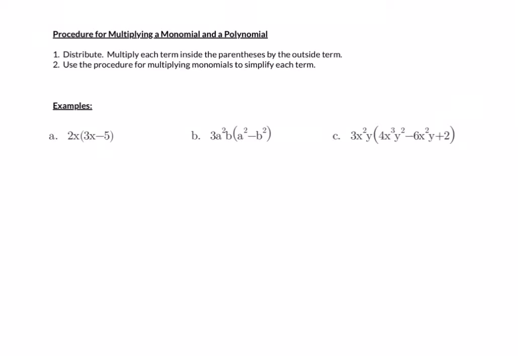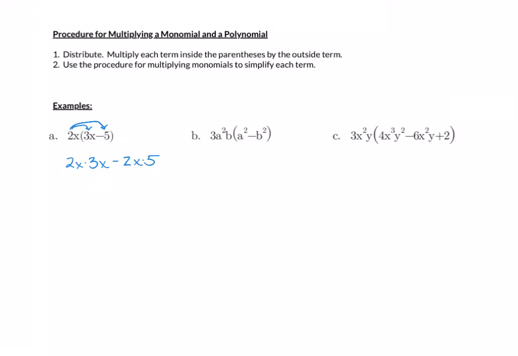Now, you can do this mentally or you can do this on paper. It doesn't matter. It just depends on how comfortable you are. But what we're essentially doing is we are multiplying 2x times 3x minus 2x times 5.